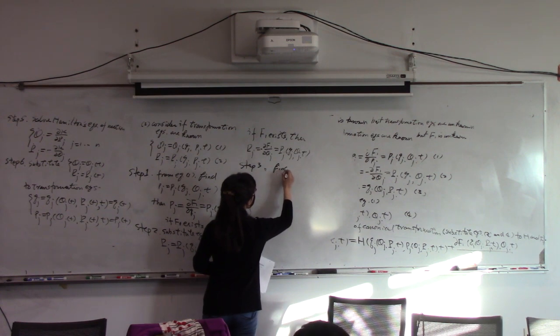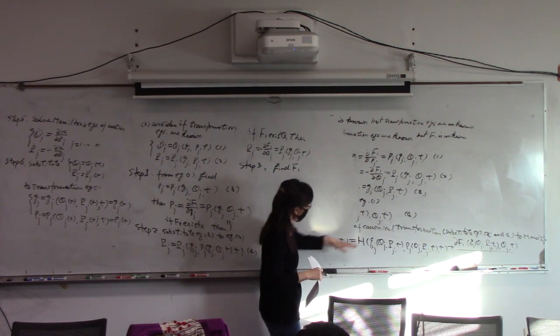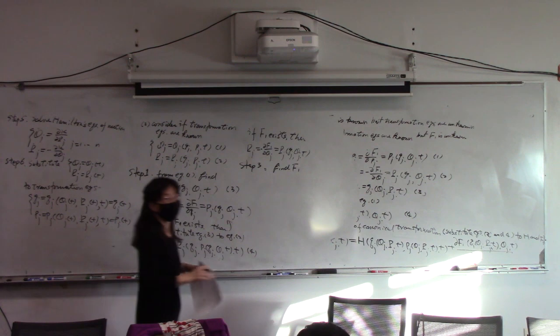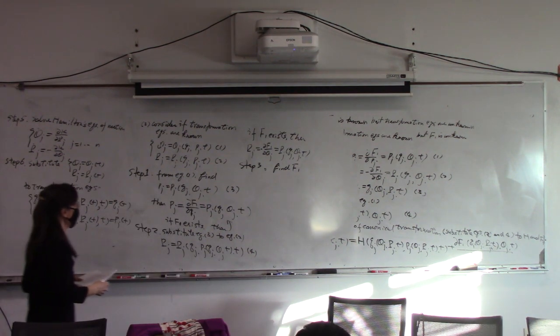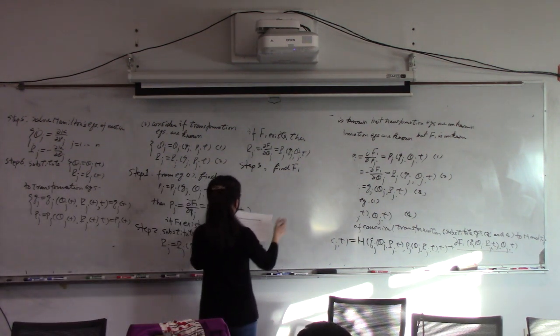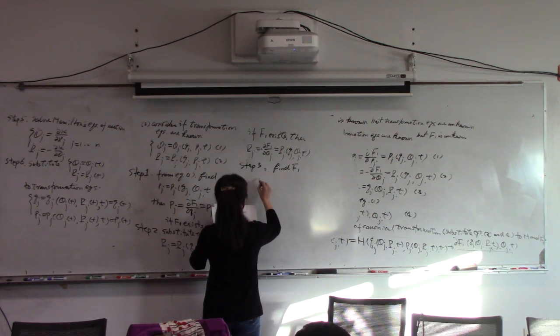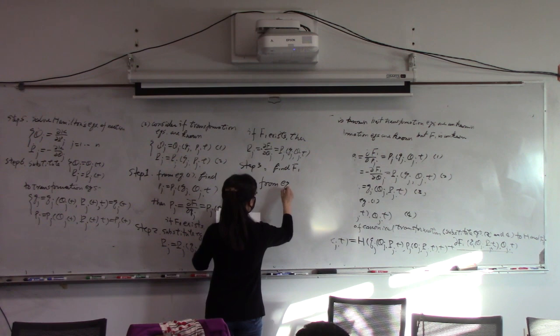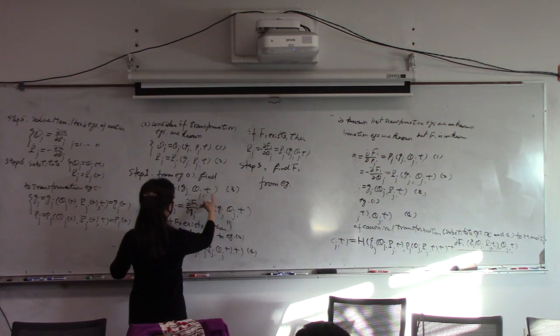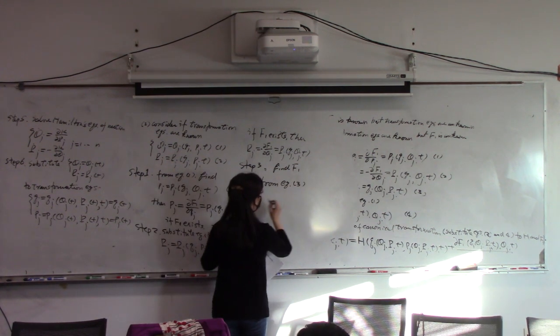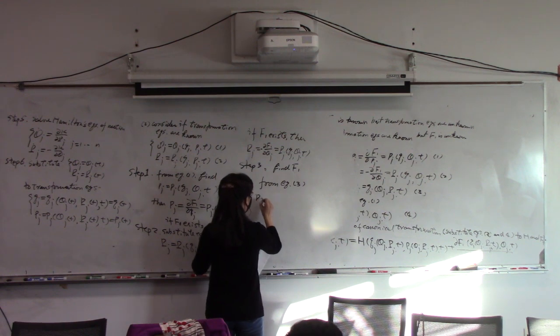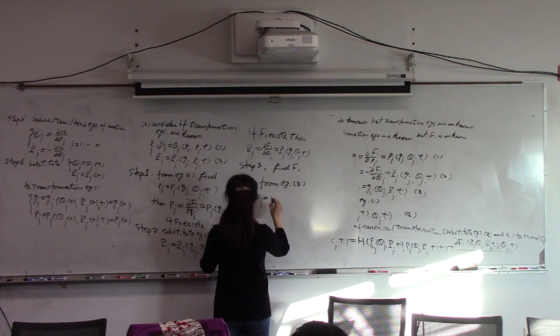So now step 3. The goal is to find F1, since then we are going to find this K, right? How to find F1? Let me look at it from equation 3, right? We know Pj is equal to partial F1 over partial Qj, right?